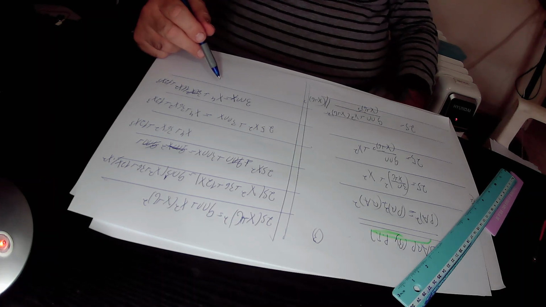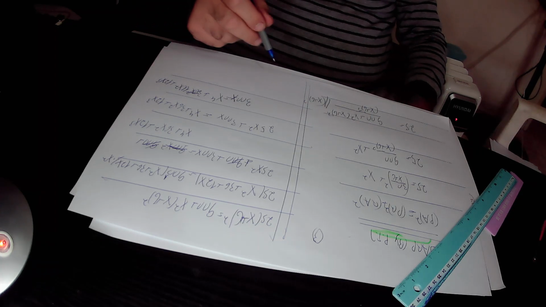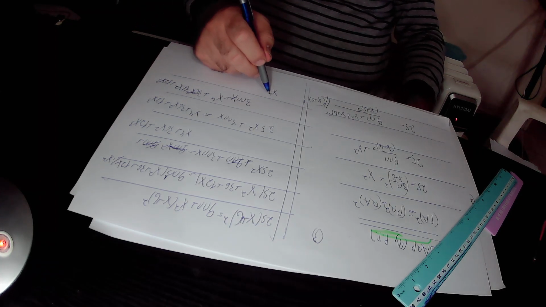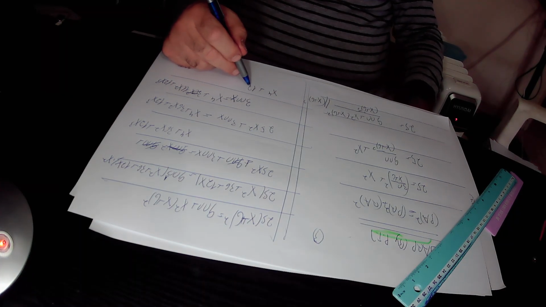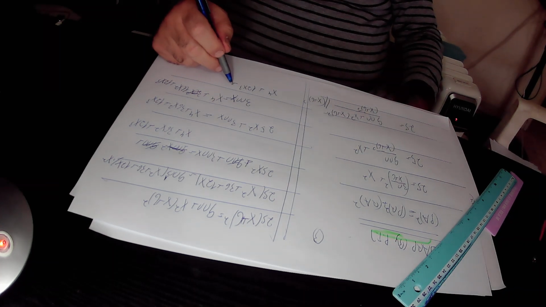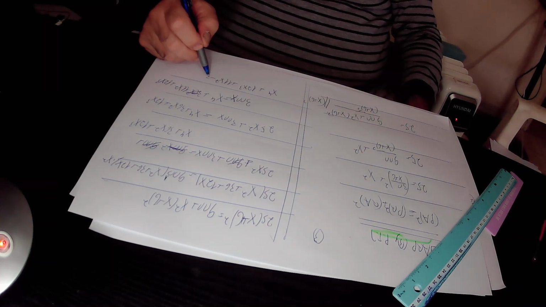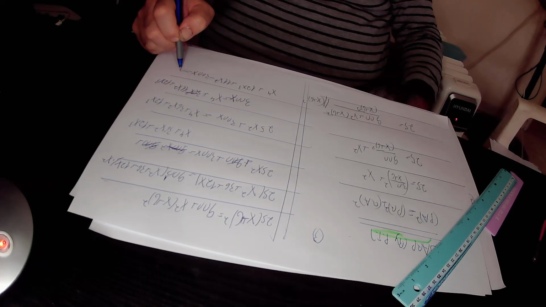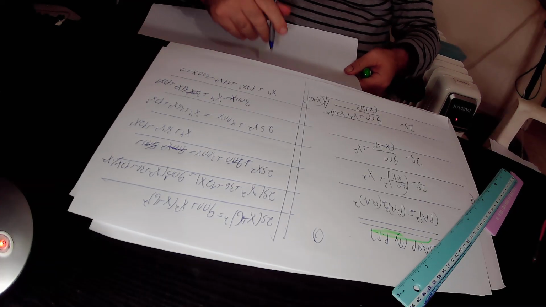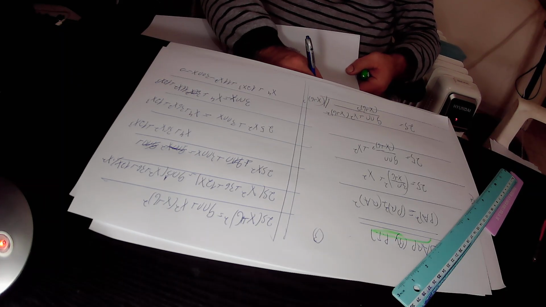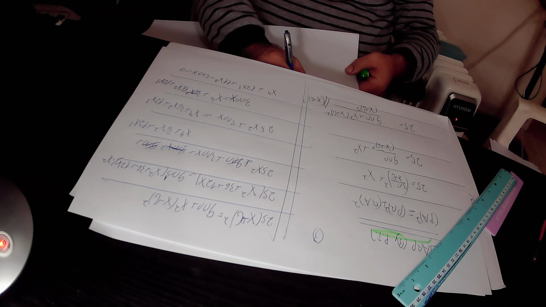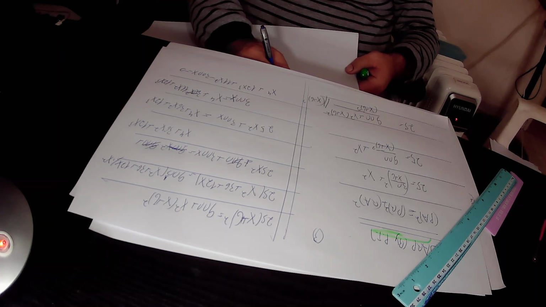Here we will subtract 300x from this equation, and finally get that x to the power of 4 plus 12x cubed plus 11x squared minus 300x equals 0.